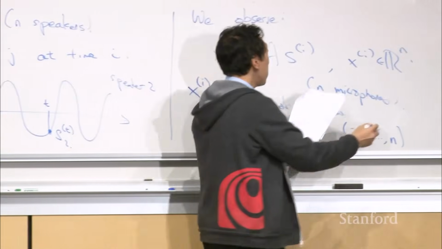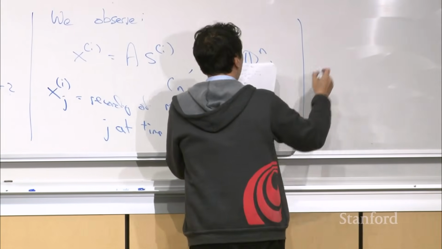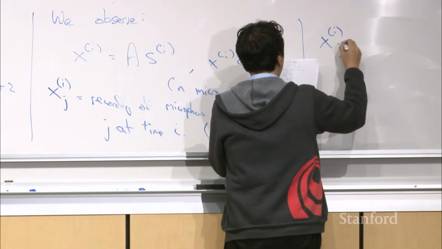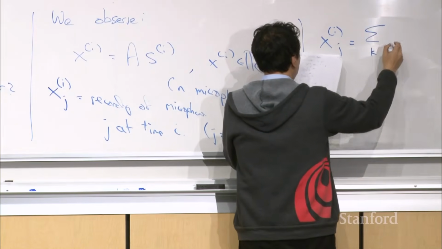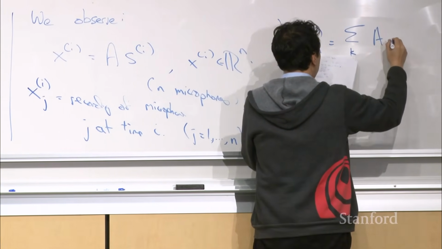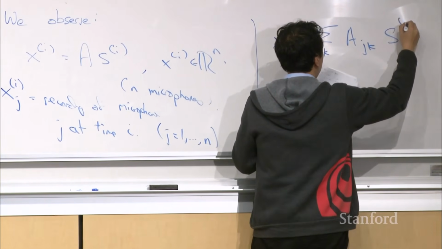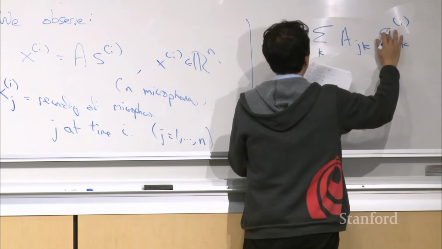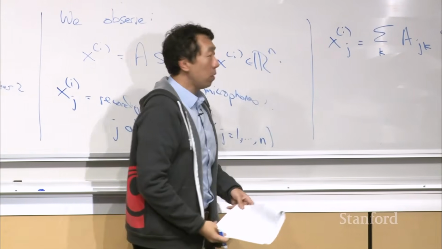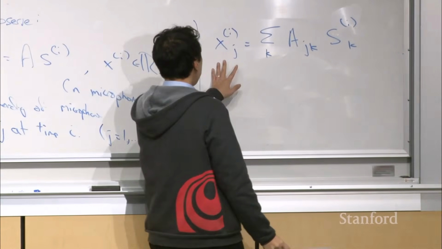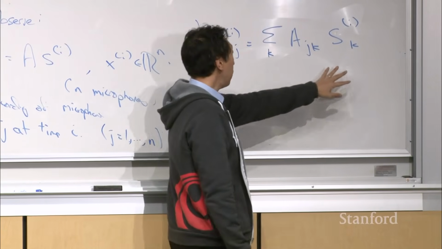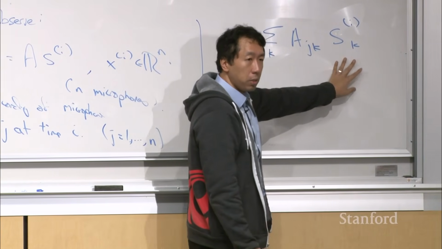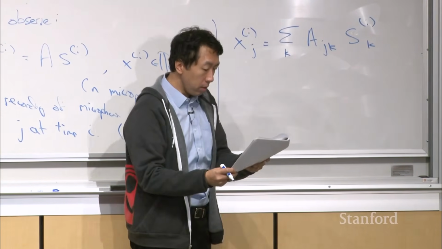So to write this equation in an equivalent way, X_ij is equal to the sum over k of A_jk S_ik. So at time i, microphone j gets this linear combination of the k speakers.